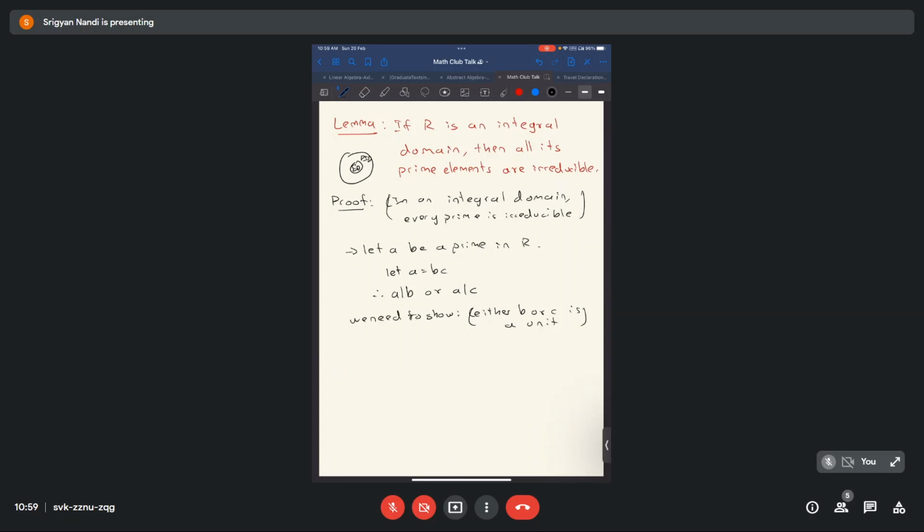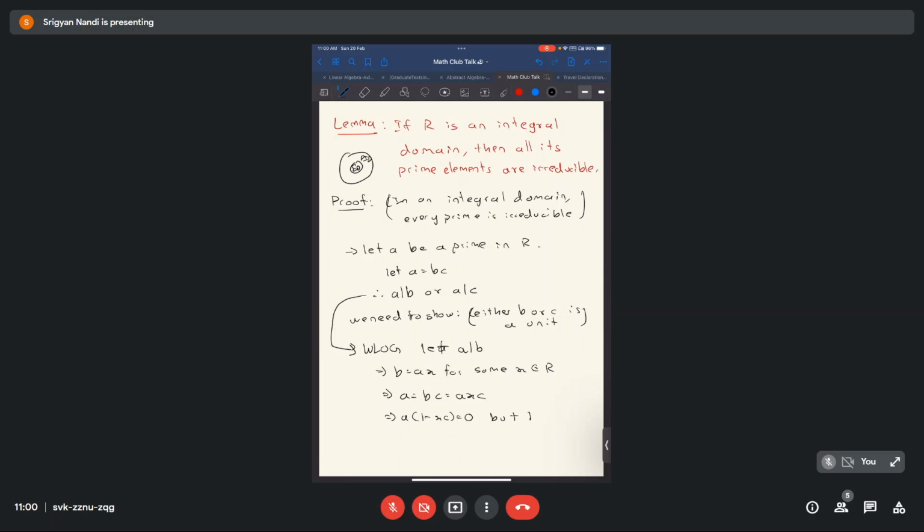Now, since we have A divides B or A divides C, without loss of generality, we can assume that A divides B. That implies B is equal to AX for some X belonging to R. So that implies A, which is equal to BC, is equal to AXC, which implies A into 1 minus XC is equal to 0.